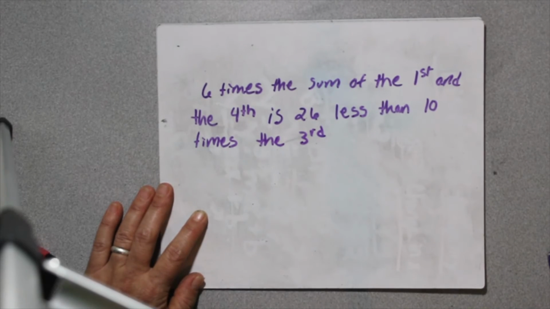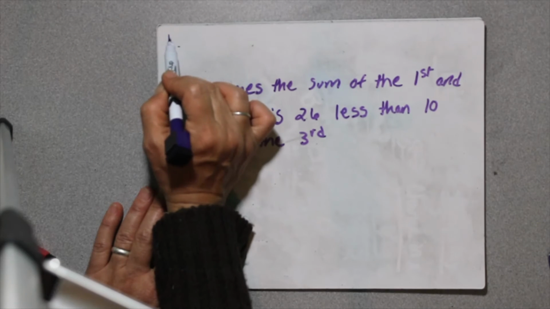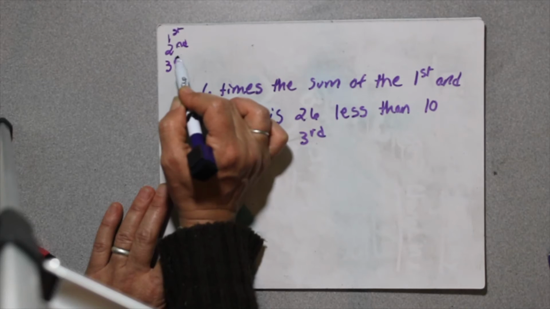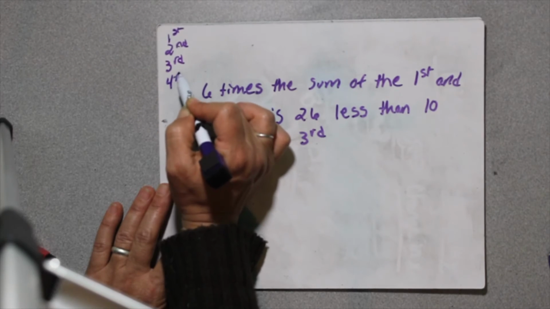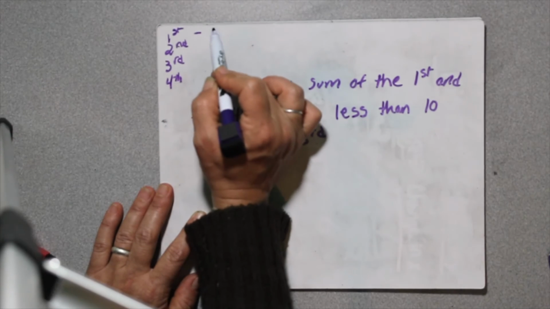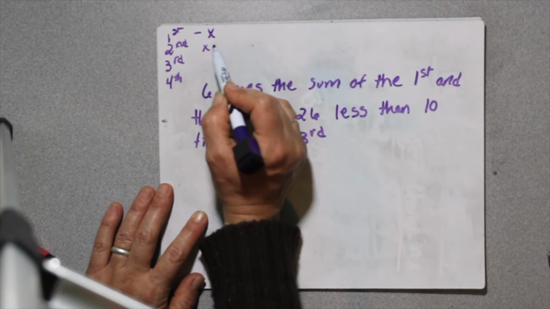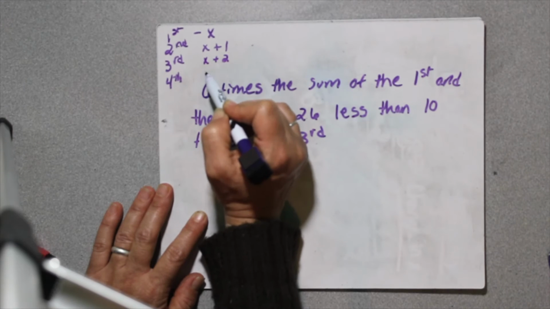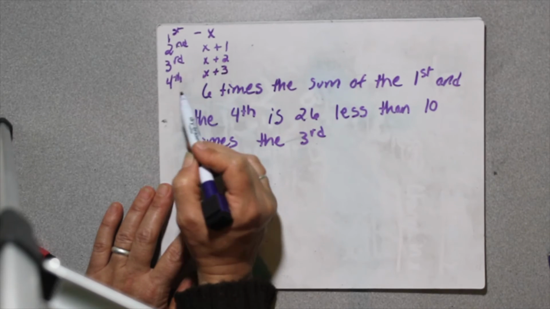Okay, and we got to find 4 consecutive integers. So we're going to have the first, second, third, and the fourth. Okay, the first we're going to name x. Then we're going to have x plus 1. The third will be x plus 2. And the fourth will be x plus 3.